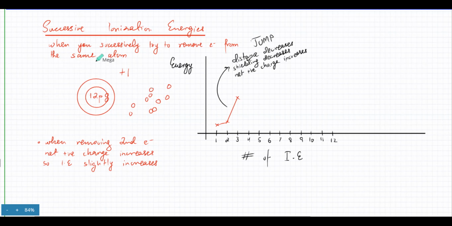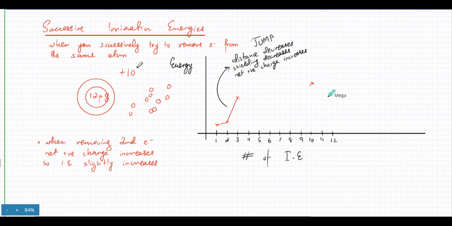So now the net charge is plus 10. So the only thing that's actually changing is the net charge because the distance is the same. If you're removing the third and the fourth and the fifth, sixth, seventh, there's only one factor that matters because the distance is the same, your shielding is the same, only the net charge is continuously increasing. So till the 10th, let me mark where the 10th is.